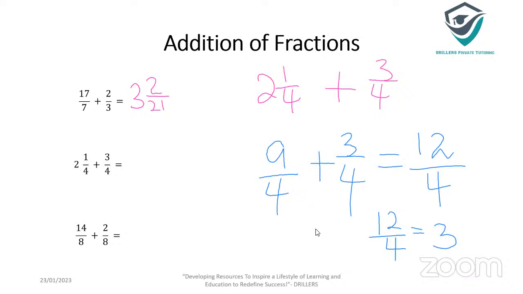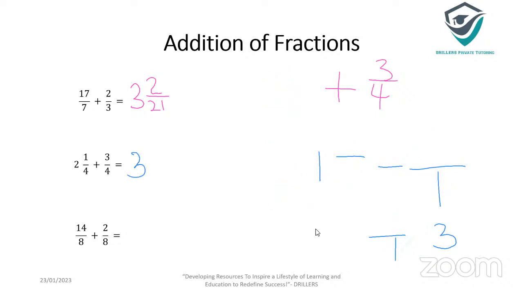So remember, we said that when we have a remainder of 0, we don't put that over the denominator. What we're going to end up with is a whole number or a natural number. So 2 1/4 plus 3/4 is equal to 3. So that's our final answer.